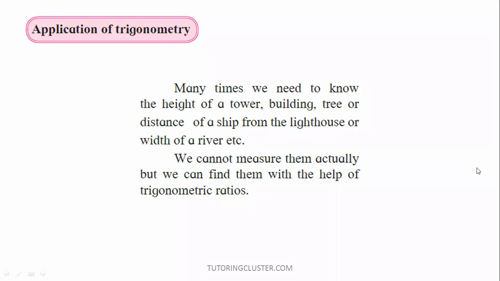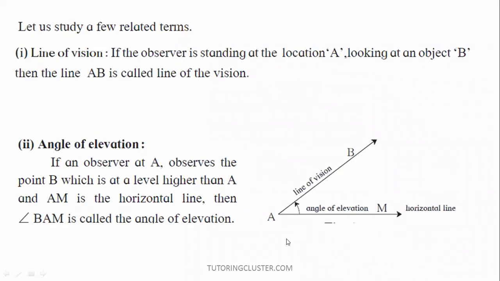So before we start with actual examples, let us first understand what is meant by line of vision. If the observer is standing at location A, looking at an object B, then AB is called the line of vision.